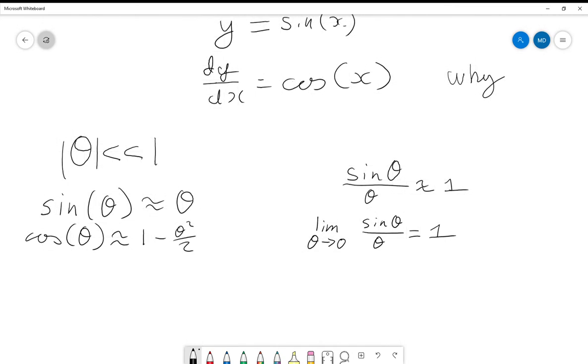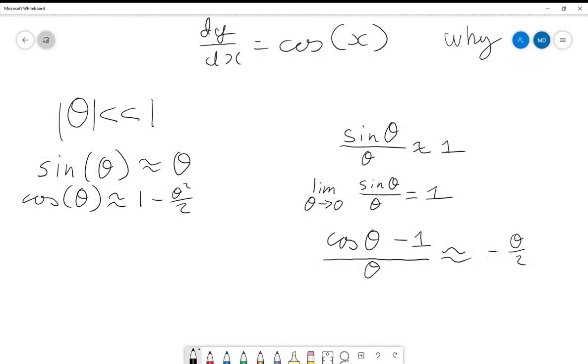Further, rearranging the cosine, we have that cosine of theta subtract 1 all over theta is going to be approximately equal to negative theta over 2.